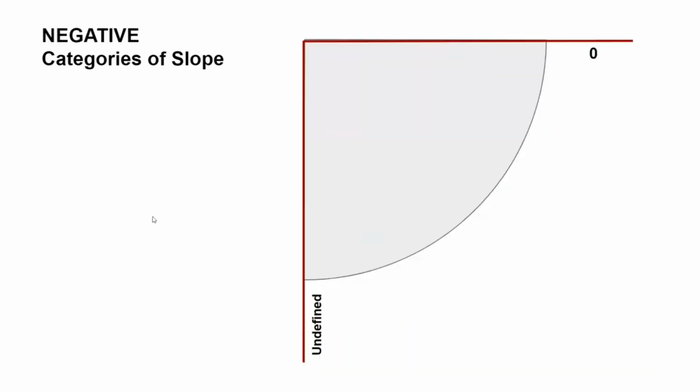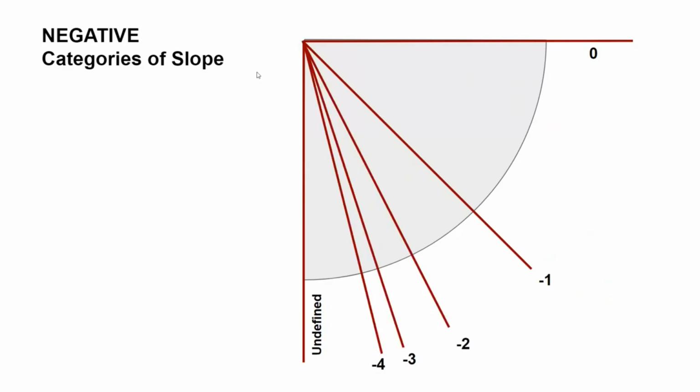Now let's take a look at the negative slopes. Here I have 0 again. I have undefined at the bottom. And in this case, we are going to rotate down from 0 toward undefined. There's our slope of -1, halfway in between. Then I can add my steep negative slopes: -2, -3, -4.